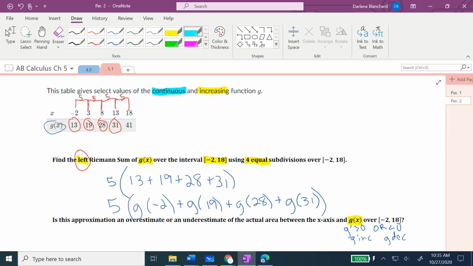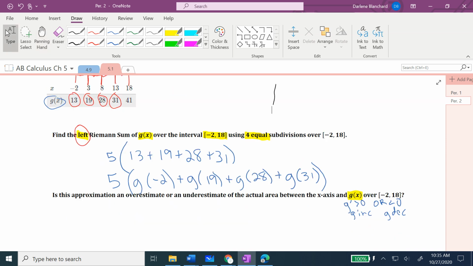So the key thing was it said that G was increasing. And so if you draw a picture of an increasing function, maybe you draw it this way, maybe you draw it this way, but an increasing function and a left Riemann sum.